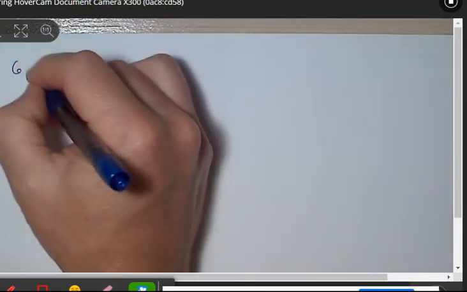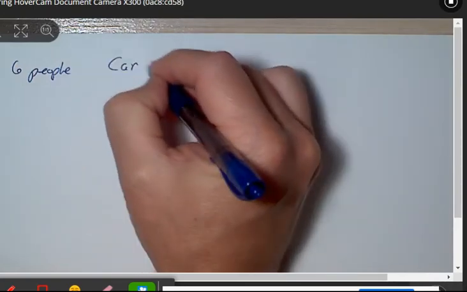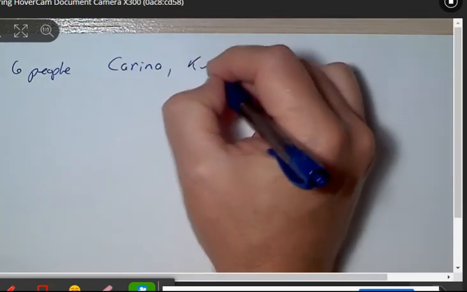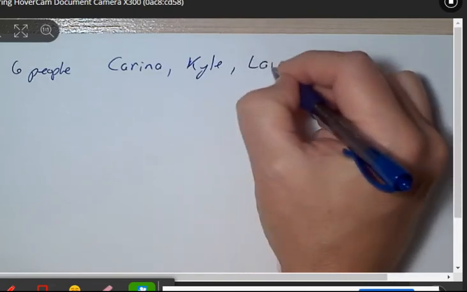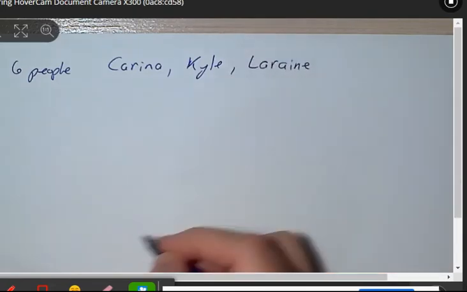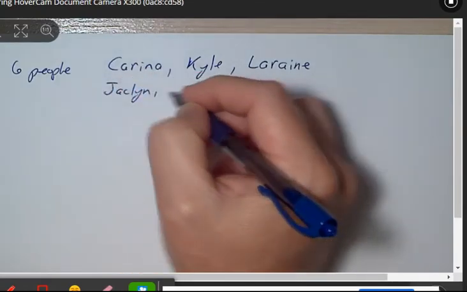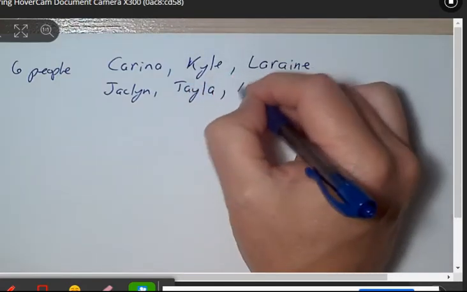All right, for 15. This one goes through a big, long, drawn out process. But basically, there are 6 people. There's Karina, Kyle, Lorraine, Jacqueline, Taylor, and Naisha.